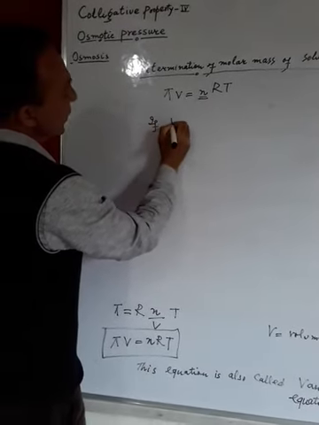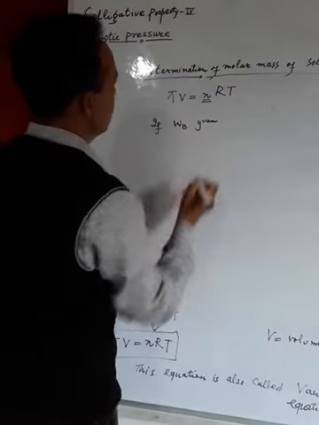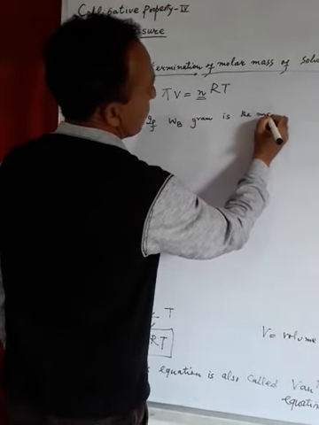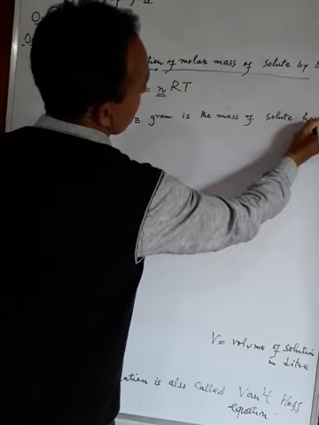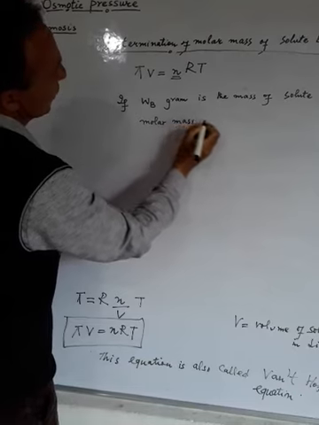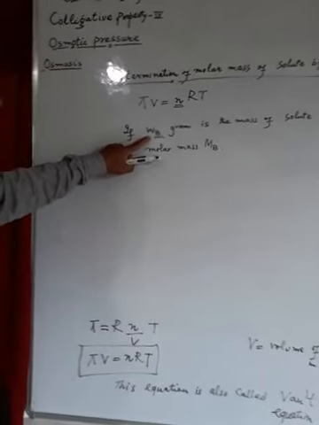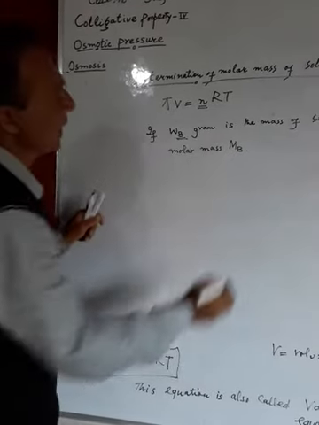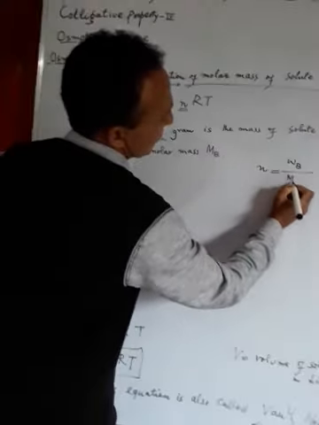If WB grams is the mass of solute having molar mass MB, so B we write for the solute, WB is the mass of the solute in grams, and MB is the molar mass of the solute, then N is equal to the mass of the solute divided by its molar mass.